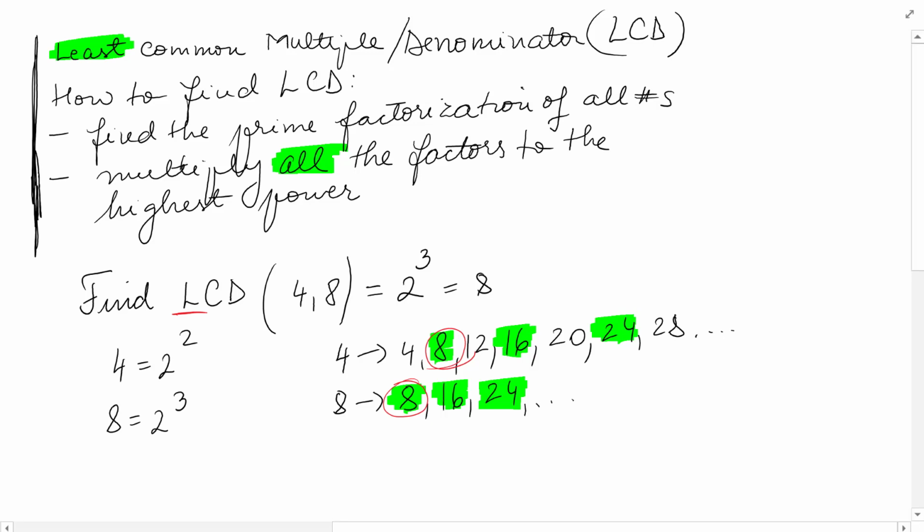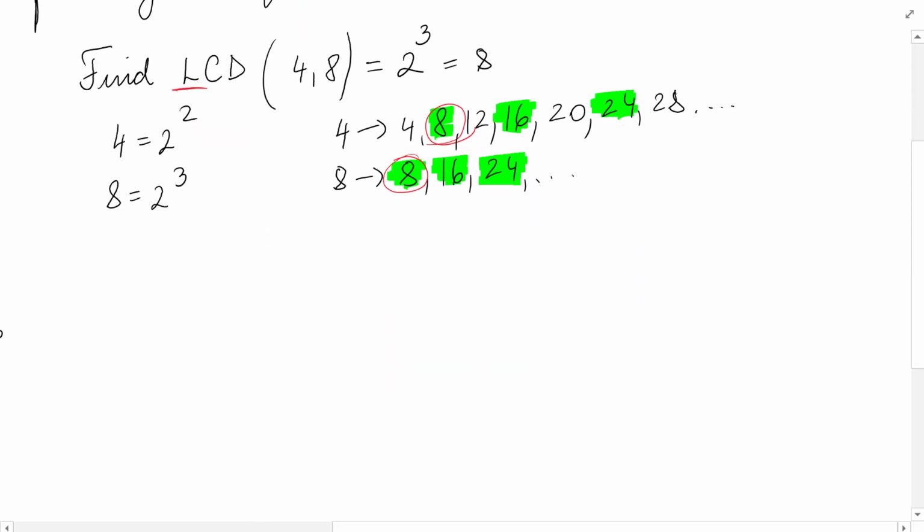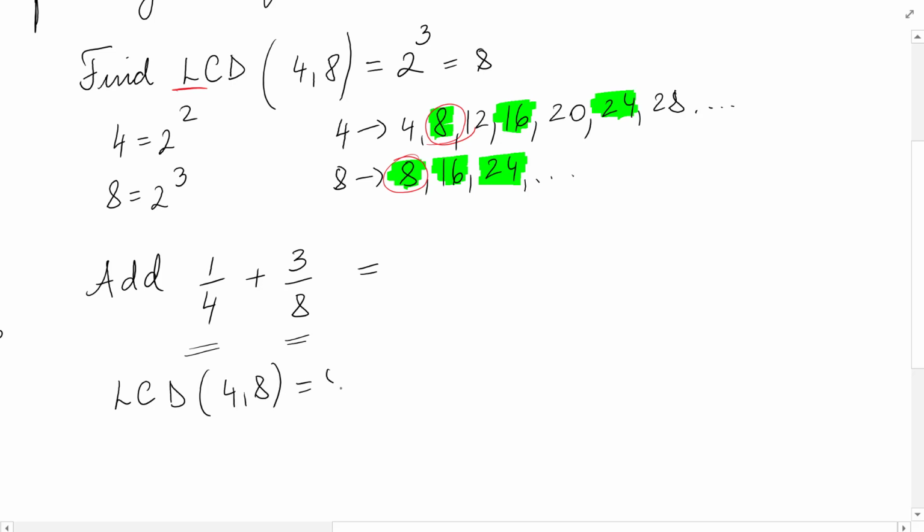Now, where do we use least common multiple? Well, the name least common denominator should give us a hint, because if we have to add 1 over 4 plus 3 over 8, then we would need these two fractions to have the same denominator to be able to add them. So when we look at LCD of 4 and 8, we saw that it's 8.